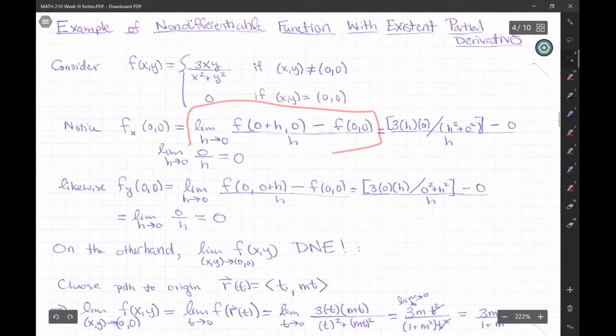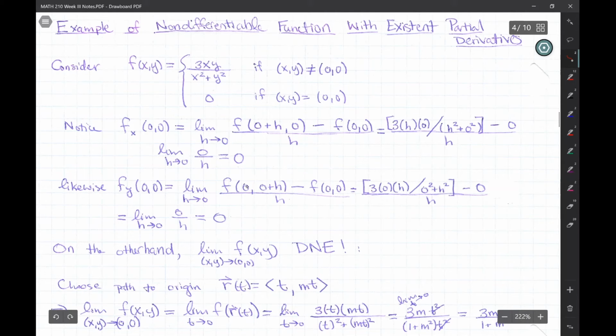This is straightforward just from the definition. We plug in these values into the definition, and we get that the partial derivative with respect to x at the origin is 0. Likewise, we do a similar thing with y. And notice here, since we are not at the origin at this point, since h is greater than 0, it's approaching 0, but it's greater than 0.